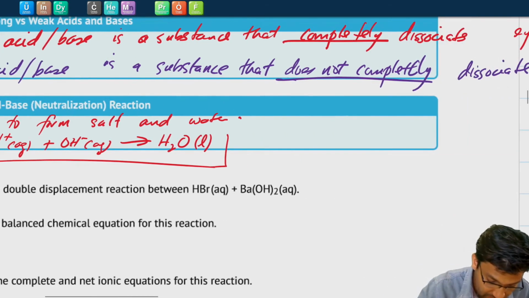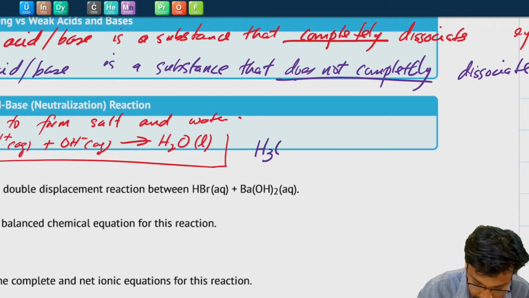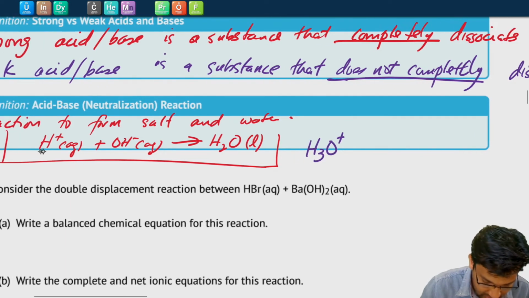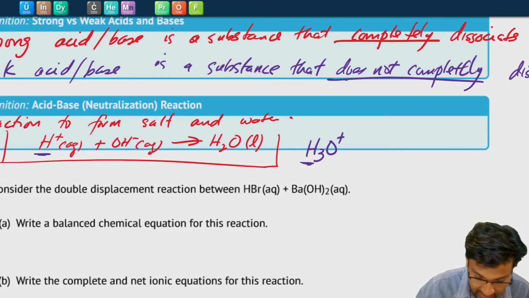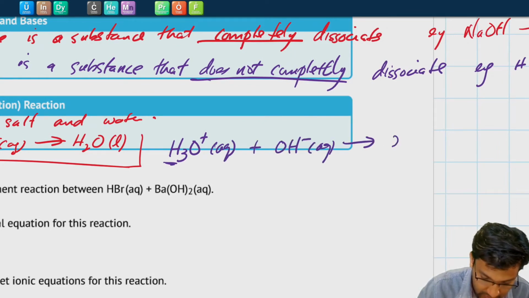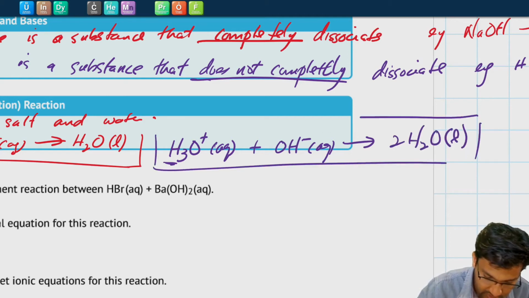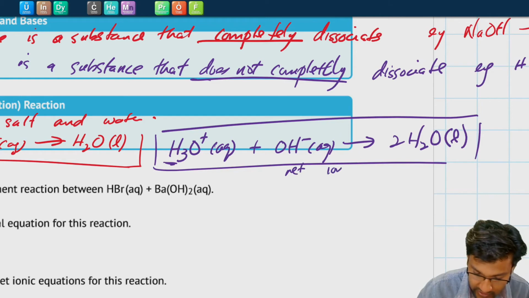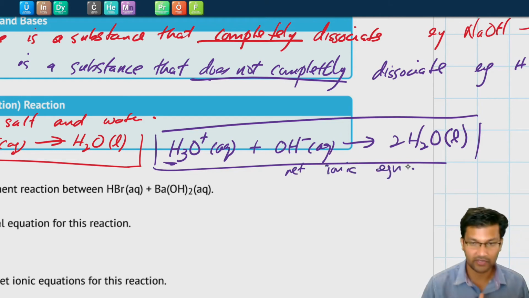Sometimes we will see people write it this way, H3O plus, because instead of H plus we technically have hydronium ions floating around, so that aqueous plus OH minus aqueous to give us 2 H2Os. So this again is usually the net ionic equation for most acid-base reactions.